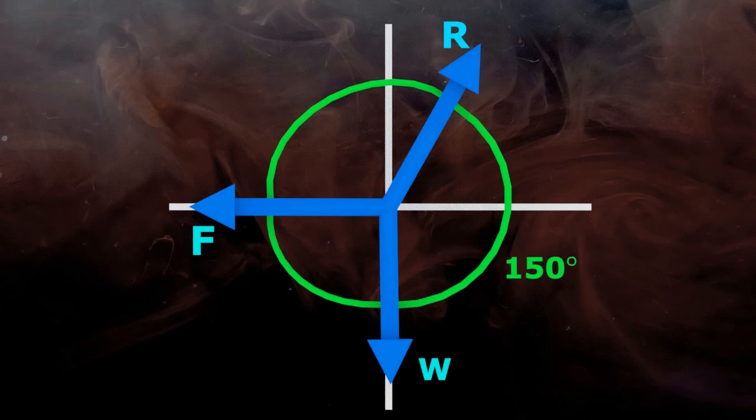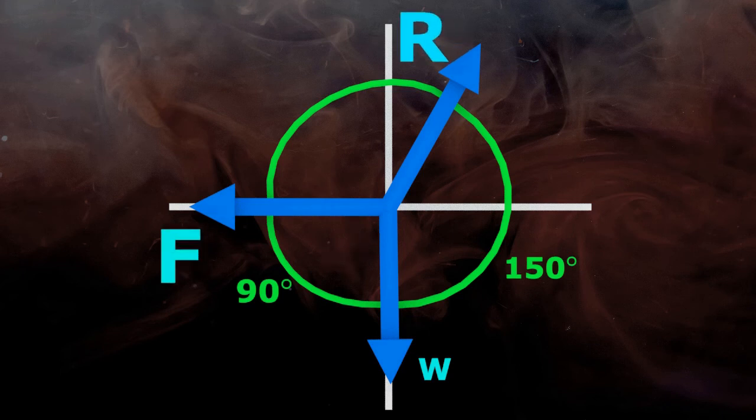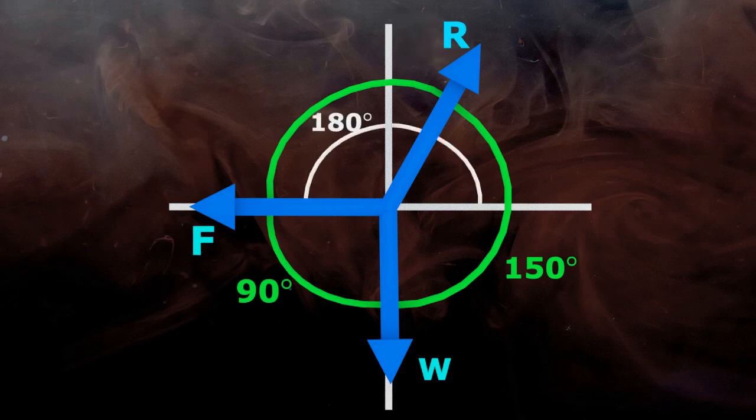The angle between force W and F is 90 degree. Similarly, the angle between forces F and R is the total angle between positive and negative x-axis, that is 180 degree minus 60 equals 120 degree.